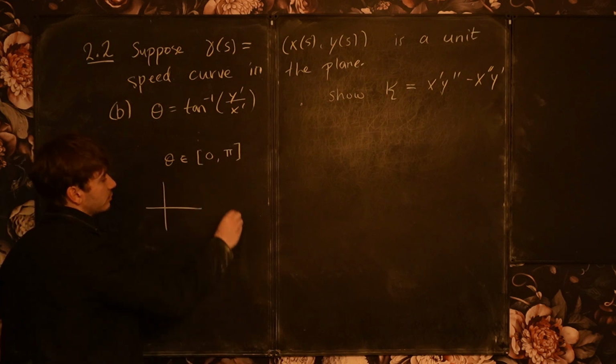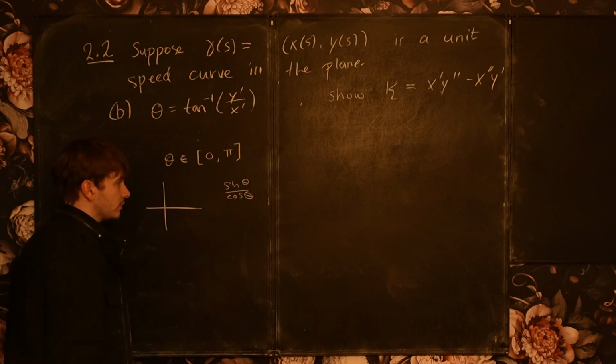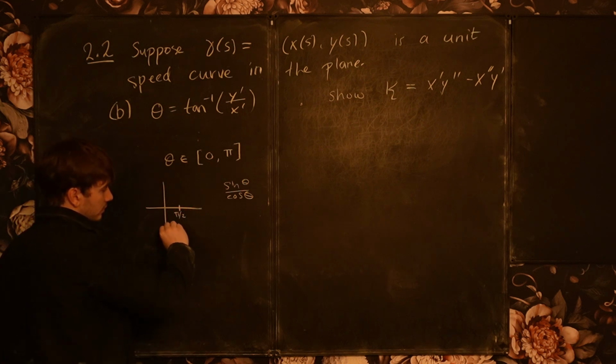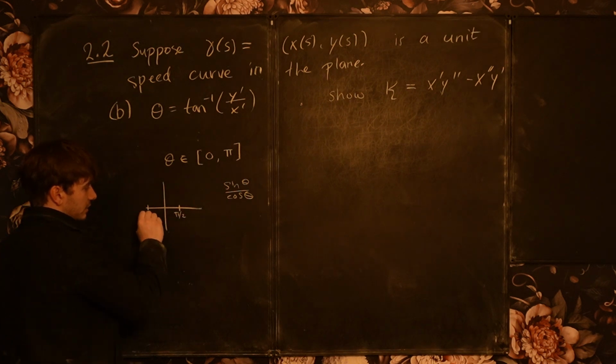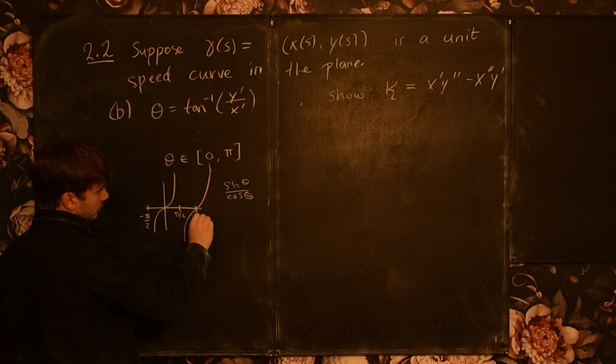Remember, if we look at the tangent, sine theta over cosine theta, it goes from negative pi halves to pi halves, and we have something like this, and then here's pi.